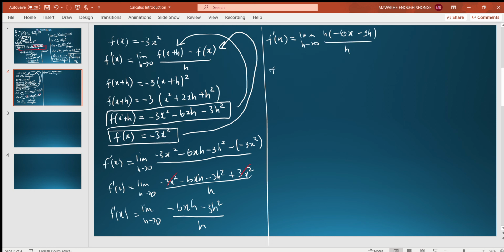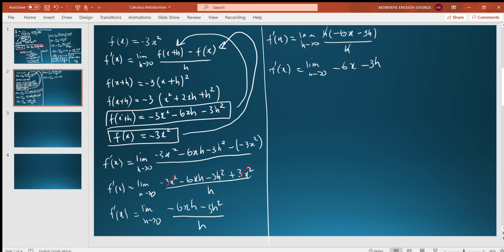Then f prime of x equals the limit as h approaches 0, this h will cancel that h, and you have minus 6x minus 3h.